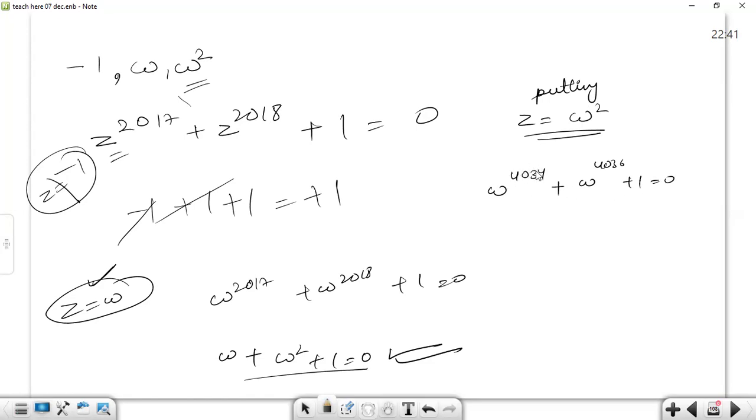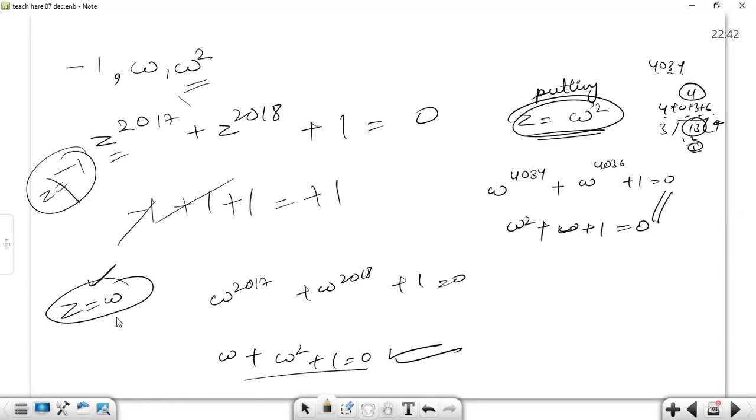Now let's check whether this 4034 is a multiple of 3 or not. So 4 plus 0 plus 3 is 7, 7 plus 4 becomes 11. So 2 will be the remainder. Omega square plus 4036. So 4 plus 0 plus 3 plus 6, so this becomes 7 plus 6, 13. So what will be the remainder? Let's check. 3 into 4, 12, 1 will be the remainder. So omega plus 1, and omega square plus omega plus 1 is equals to 0, which is equals to right hand side. So this is another root.